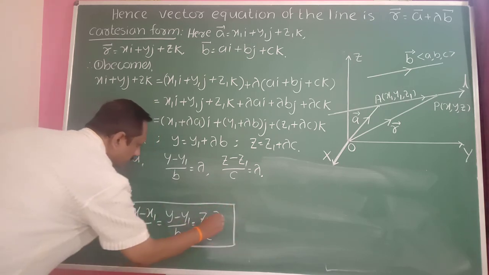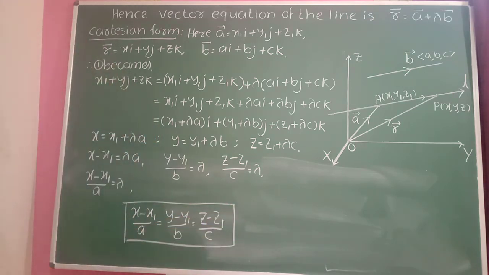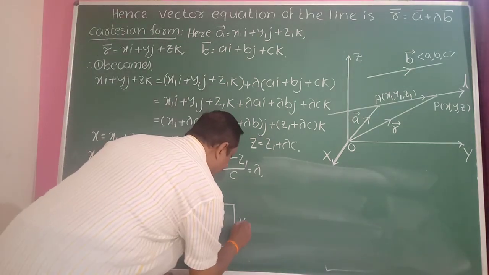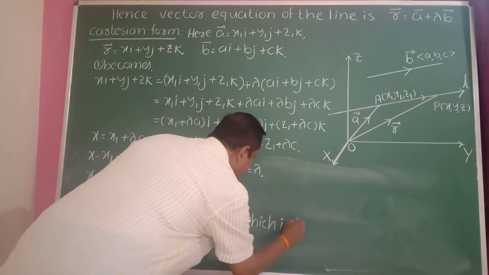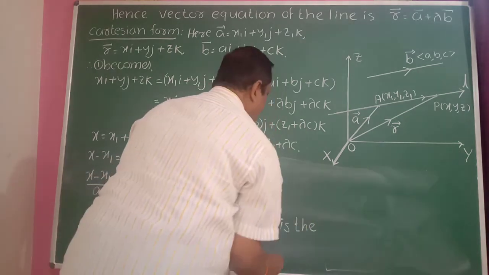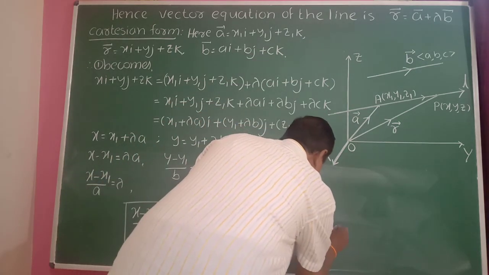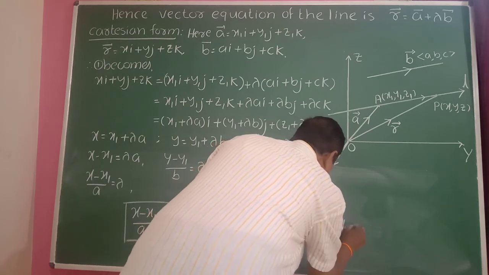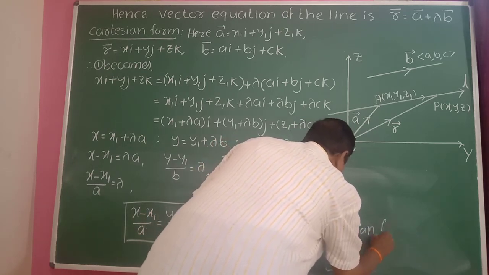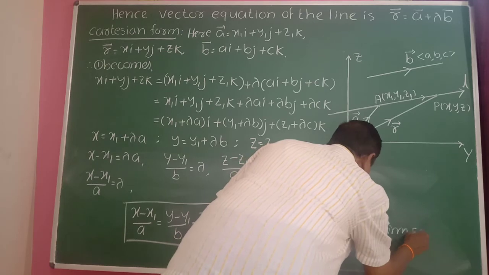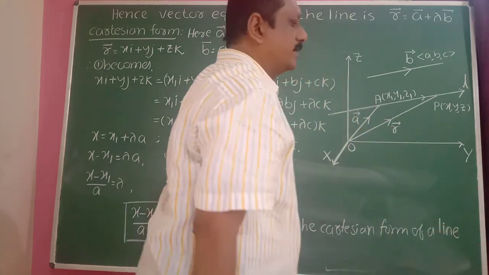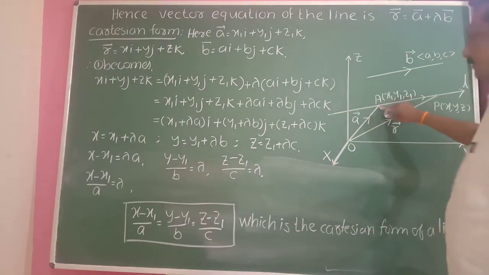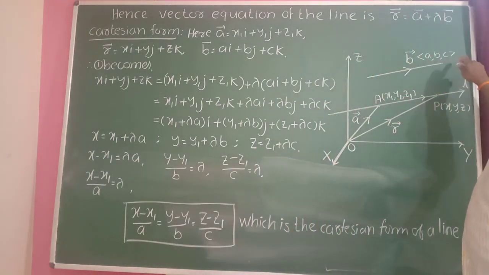So this is the Cartesian equation of the line, which is the Cartesian form of a line passing through a given point and parallel to a given vector.